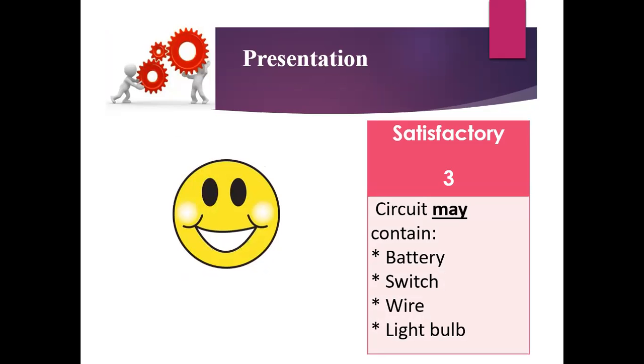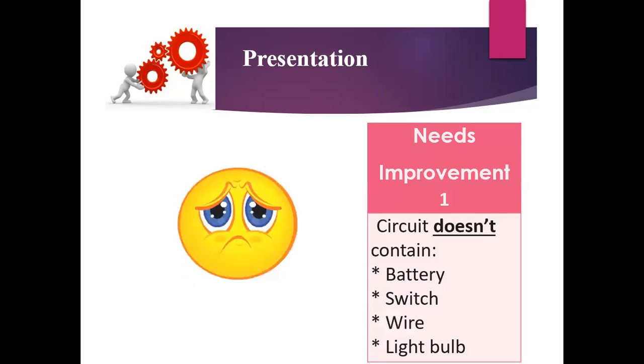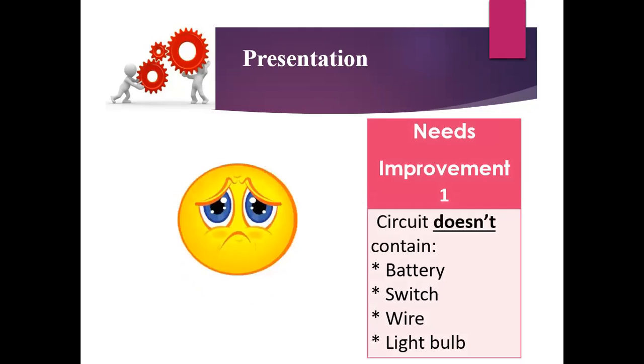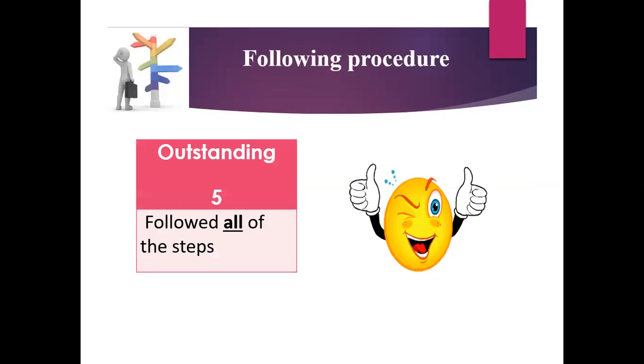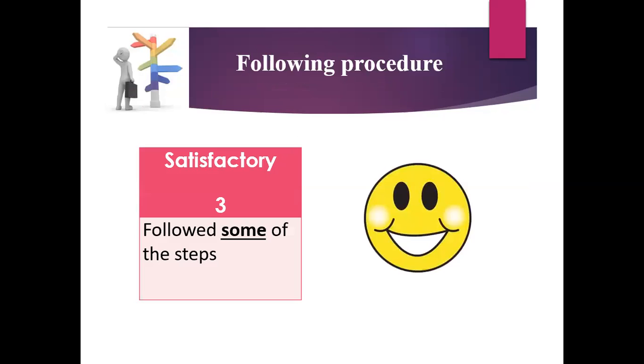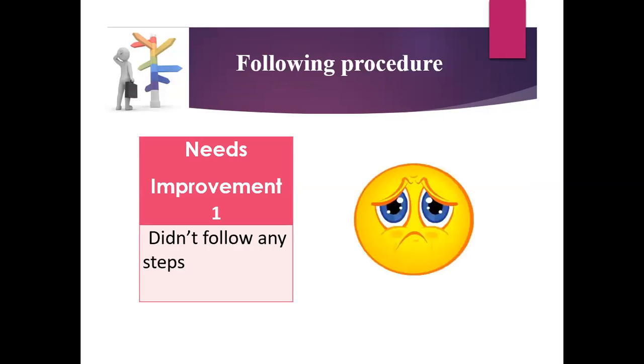If you didn't do anything correct and it doesn't contain the main things, the battery, the switch, the wire, and the light bulb, I'm sorry, I will give you 1. The last thing: if you followed everything I'm saying to you in this video, you will take 5. If you followed some of the steps, you will take 3. And if you didn't follow any steps, you will take 1.